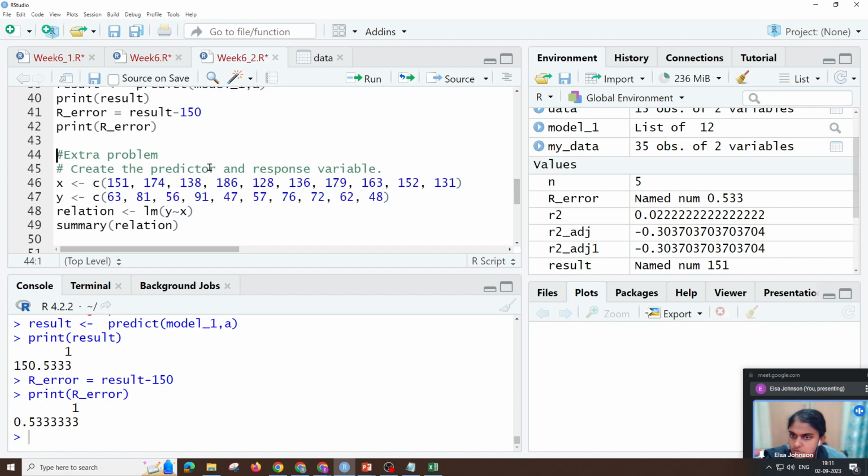Okay, can you just tell me what is meant by a predictor and a response variable?